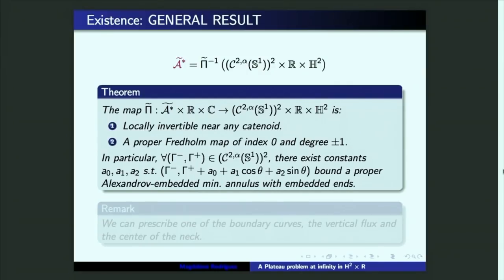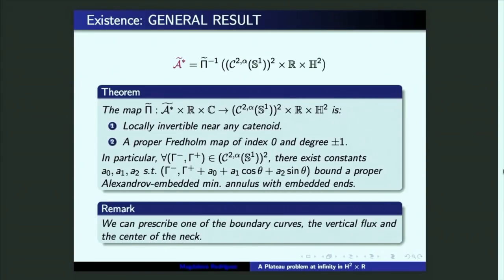You have a minimal surface whose boundary downstairs is the fixed one, and the second one is maybe a deformation of the previous one. But we are saying something more. We are saying that also we can prescribe. I mean, we are losing information in the second component, but we can fix both the flux of your annulus and the center of the annulus.